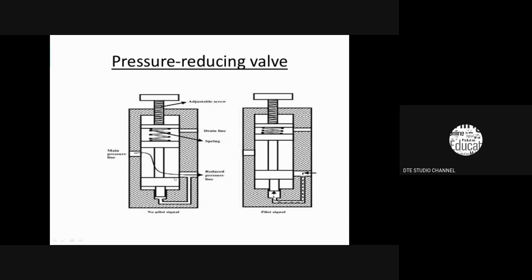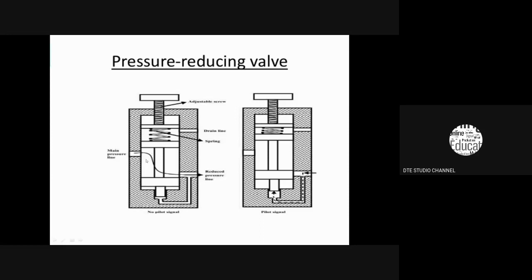Because of the increase in downstream pressure, some quantity of fluid enters through the pilot line, which makes the piston move in an upward direction, and the port is partially closed. Whenever the port is closed partially, the quantity of fluid flowing through the outlet is decreased, thereby reducing the pressure.